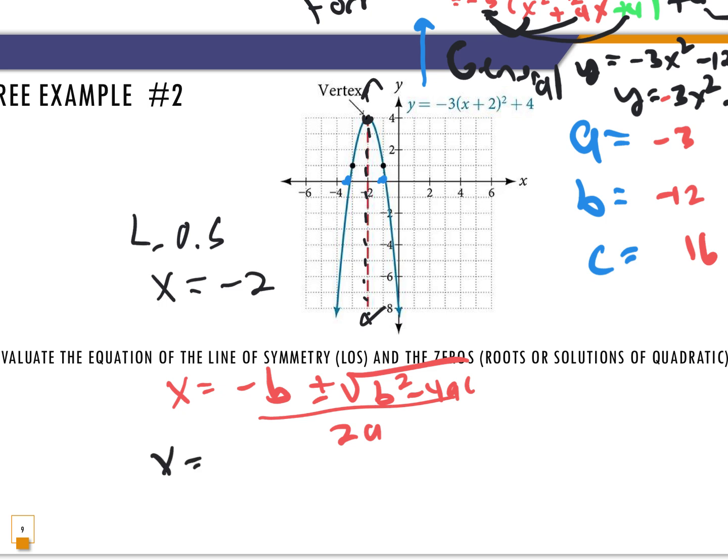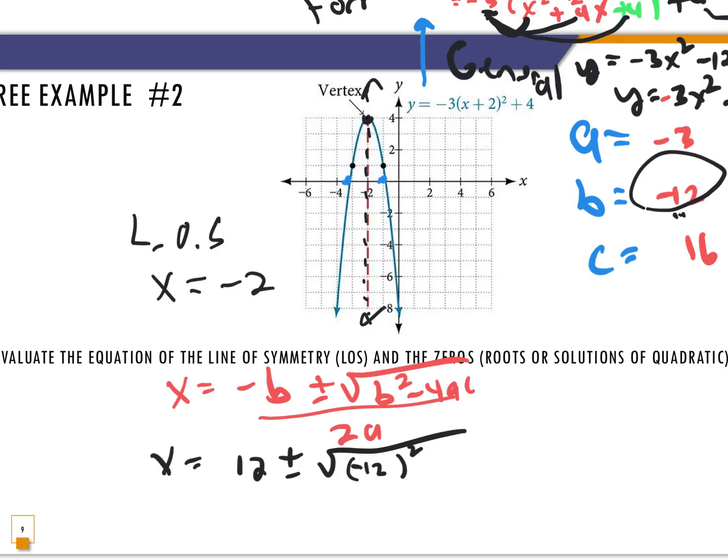X equals the opposite of B. What's the opposite of -12? Got to be +12. I like that, so I don't forget to use it. Plus or minus the square root. Be careful, B's got to be squared. That's a -12, and all of it has to be squared.